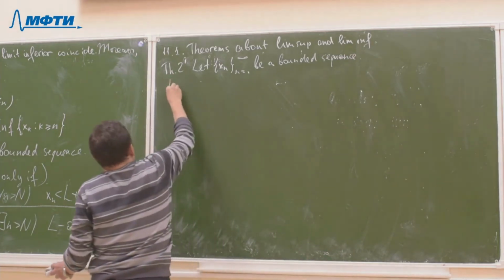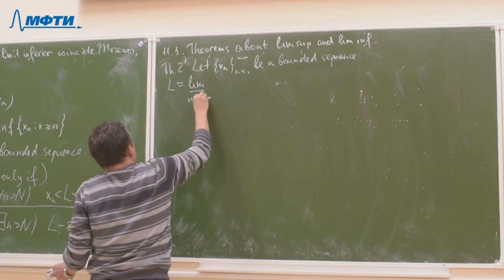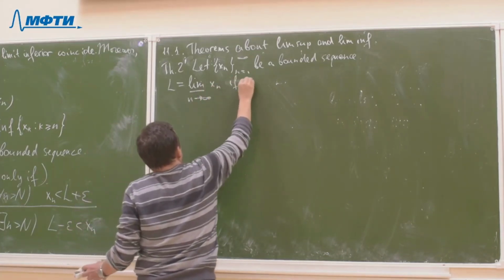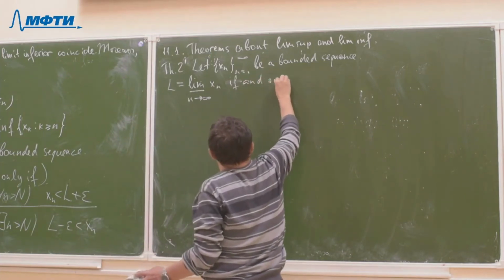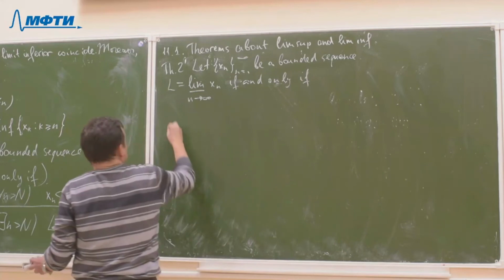Then L is the limit inferior of x_n if and only if the following is true.